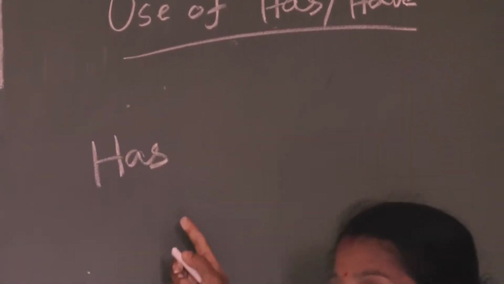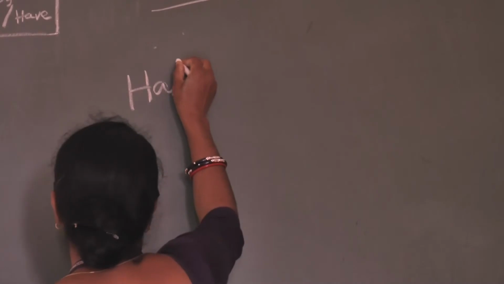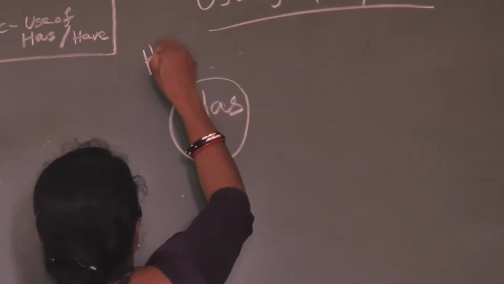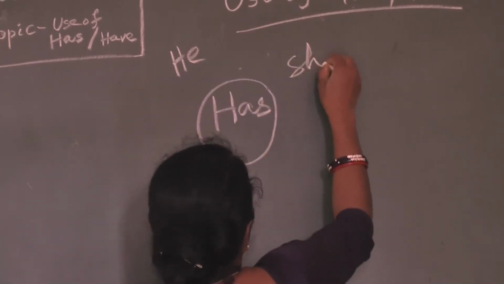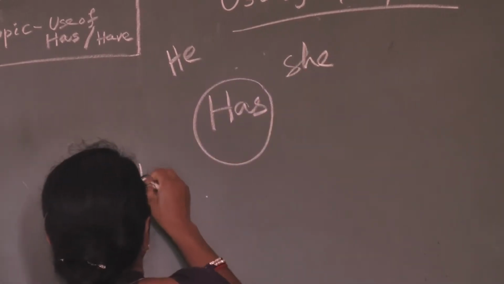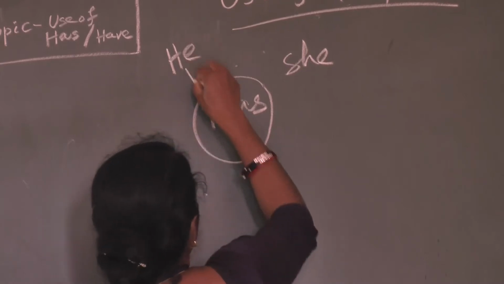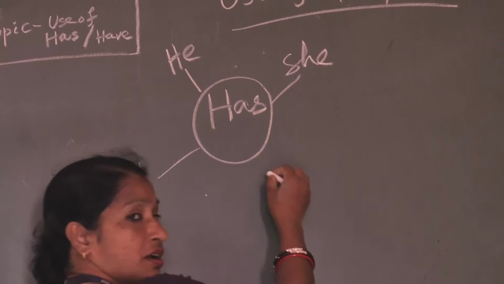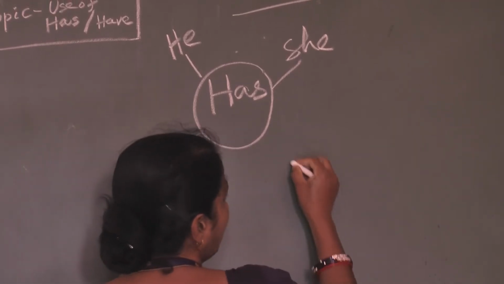See children, where has is used, we use has with he, she, it, and with a singular noun.